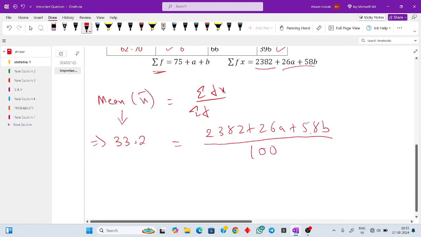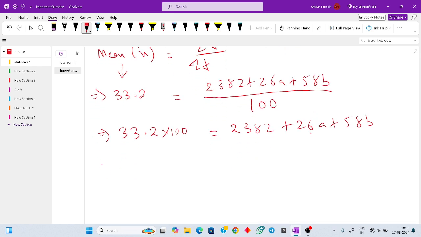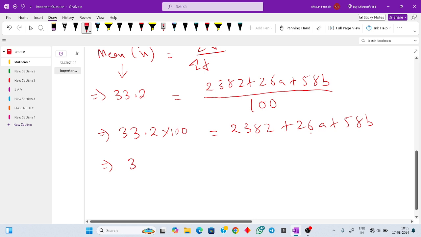Okay. Now this 100 will go to the other side and will get multiplied. 33.2 multiplied by 100, 2382 plus 26a plus 58b. So 33.2 multiplied 100 will give 3320.